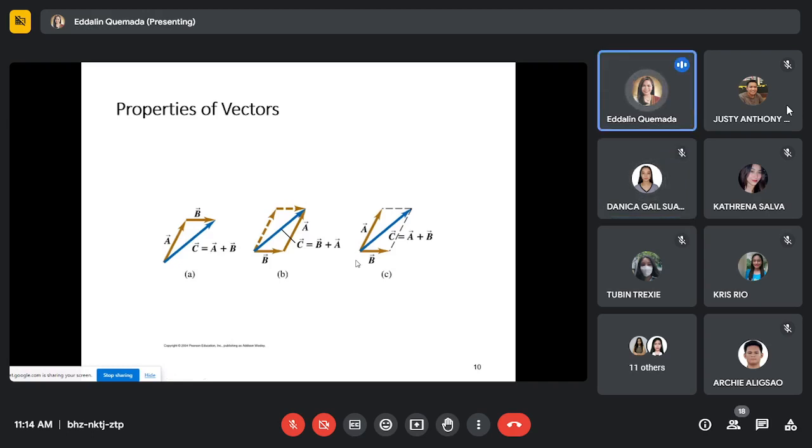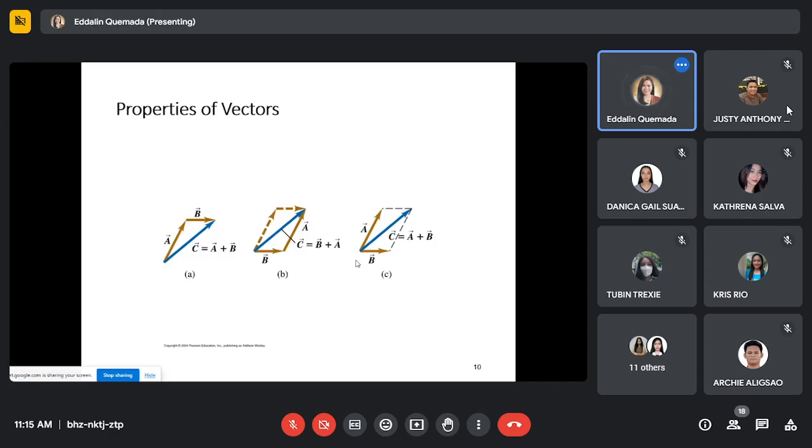Tail to tail. Good. Very good observation. This tail to tail method, class, is another method of vector addition by means of graphical, meaning you are plotting the vectors. So A and B, perfectly, they are head to tail. That's experiment number 1. But this time in C they are being plotted tail to tail. Tail to tail method, or what we call the parallelogram method of vector addition.